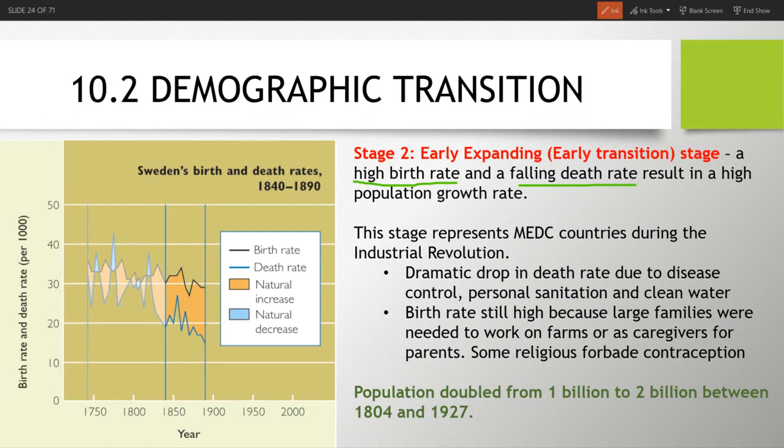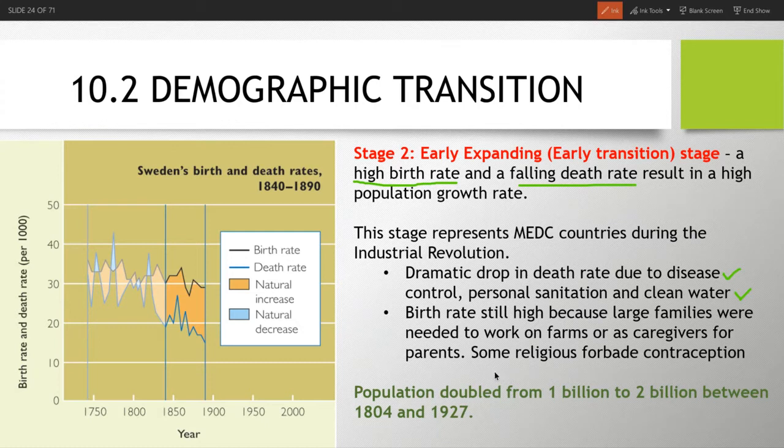And some of the key things that we see happening there is that the death rate is affected due to disease control. More on that in just a second. So we'll get control of disease increasing, but we'll also get personal sanitation and clean water. All right, those things help prevent disease spread as well. So that'll drop the death rate somewhat.